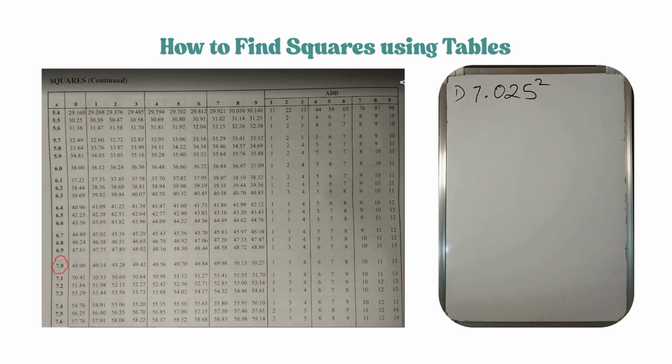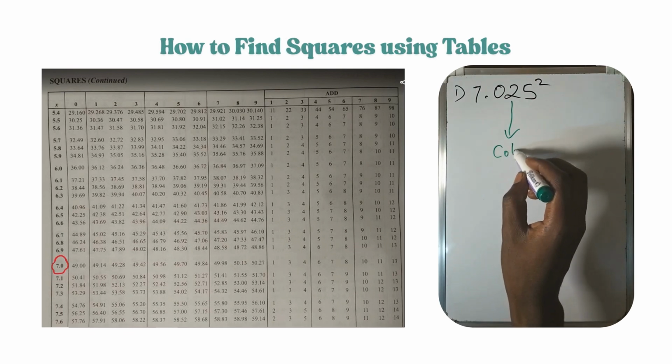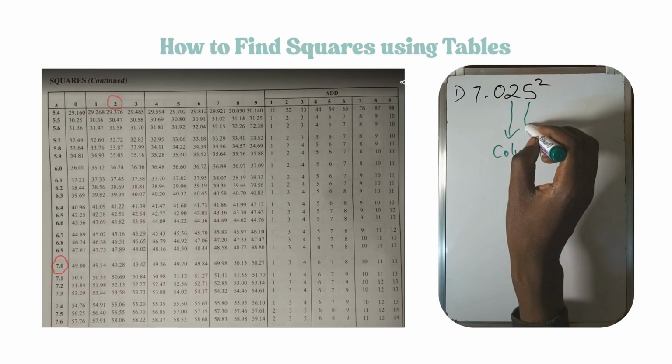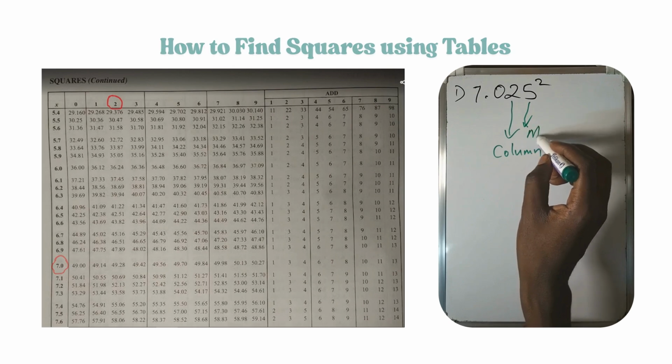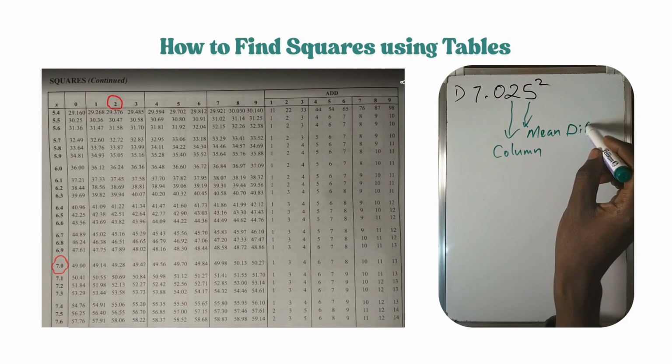Let's look for row 7.0 and column 2. So in this case, our column will be 2, and then the final digit 5 would be our mean difference.